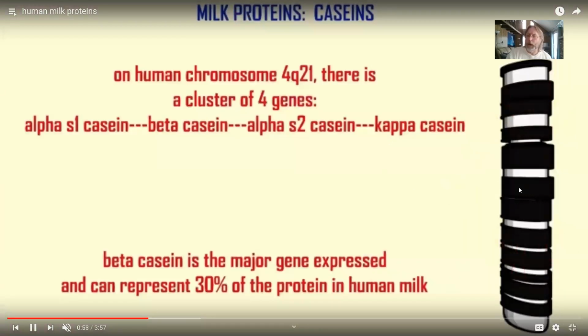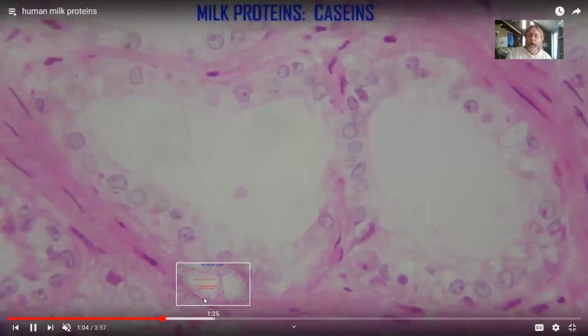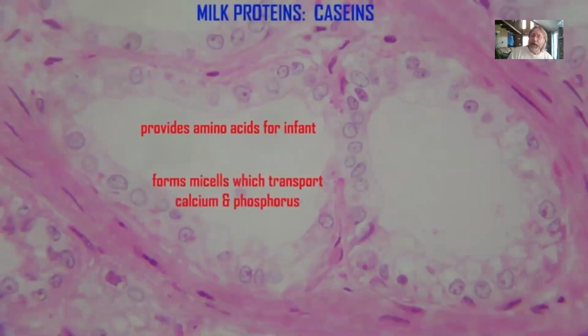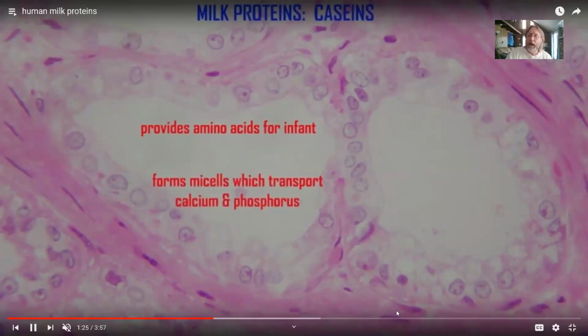These have resulted from gene duplication, so there's even a series of casein genes in a row. Caseins can represent about a third of the protein in milk. Here you see mammary glands which are actively producing milk. This is a source of amino acids, very important because there are essential amino acids that the liver can't make, and they have to be included in a diet.